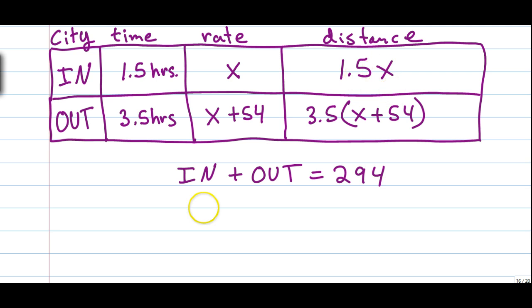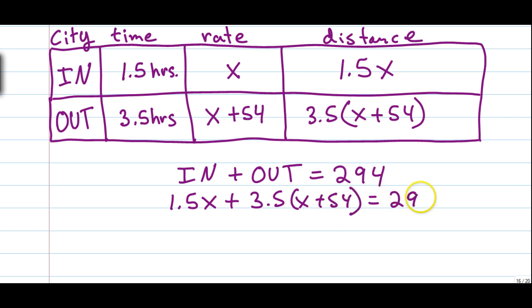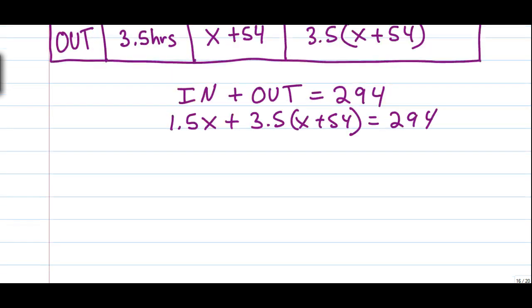So let's plug that information in. So we know it's 1.5x from our table, plus out of the city, 3.5 times x plus 54 equals 294. Let's continue on and let's simplify this problem to solve for x.